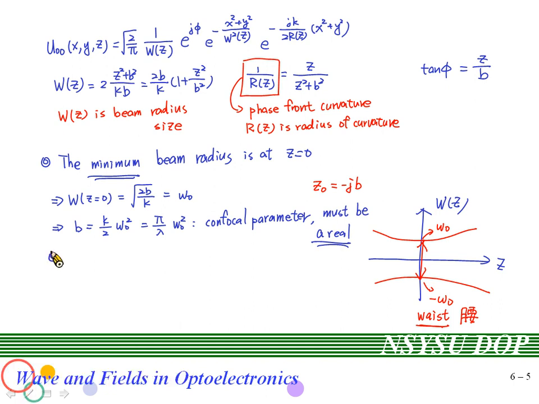Since we have expressed the minimum beam radius in terms of W0, let's re-express the above two terms in terms of W0. So the square of the beam radius can be written as the following equation.